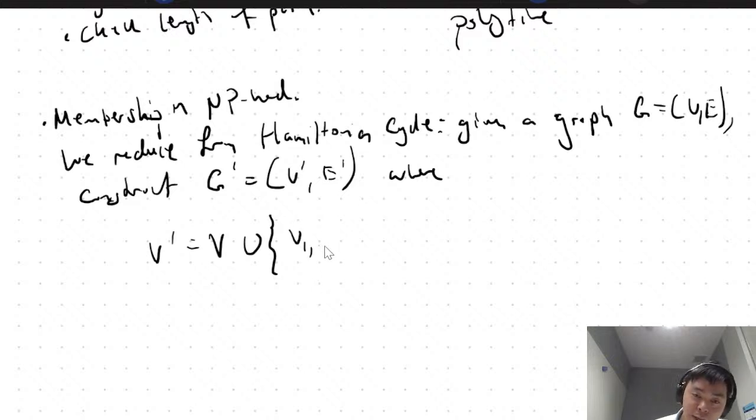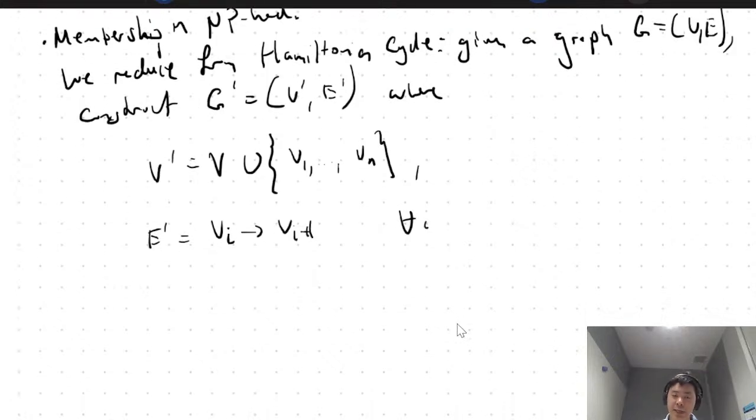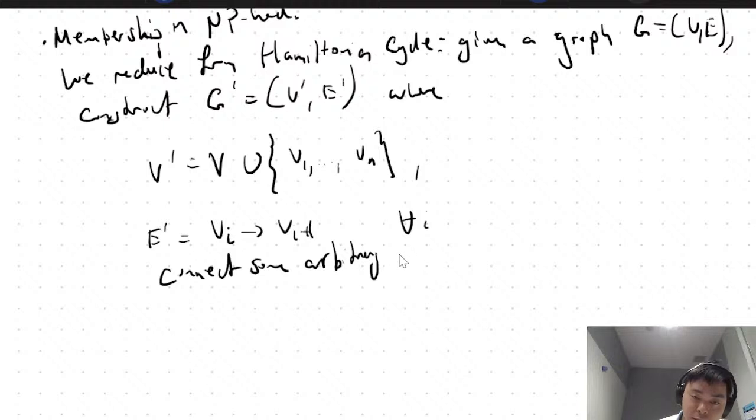So we're going to get V1 up to Vn, and E prime is just going to be: we connect Vi to Vi plus 1 for each i, and then we're also going to connect V1 to some arbitrary vertex x as well.